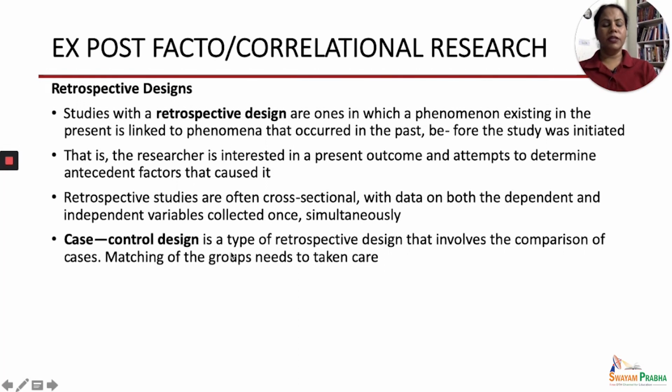So case control design is a type of retrospective design that involves the comparison of cases. Matching of the groups needs to be taken care of. So case control is like, just now I have given you an example, that one group we can take who had the present outcome, those are taken as cases, and the control can be a group where they do not have that particular phenomena, so they can be acting as a control.